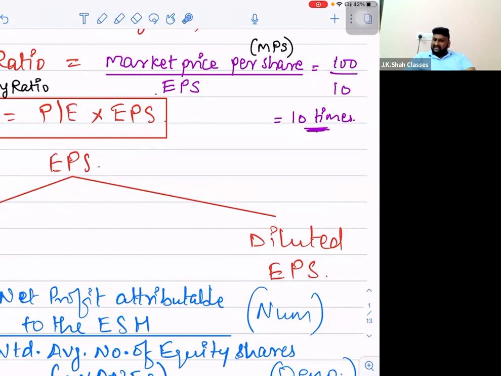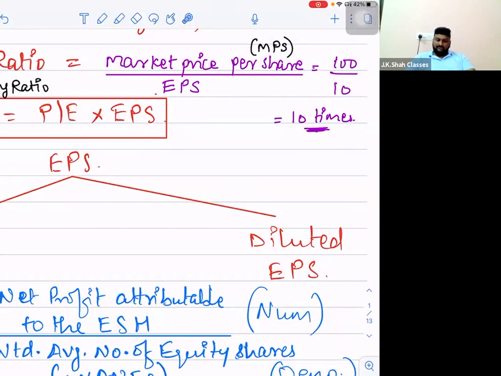So sir, I'm concluding that EPS plays a major role in determining the market price of a particular company. That is why the calculation of EPS should be properly done. EPS will help you derive the market price of any company. Just multiply its PE by the earnings per share, and your market price should be equivalent to that.